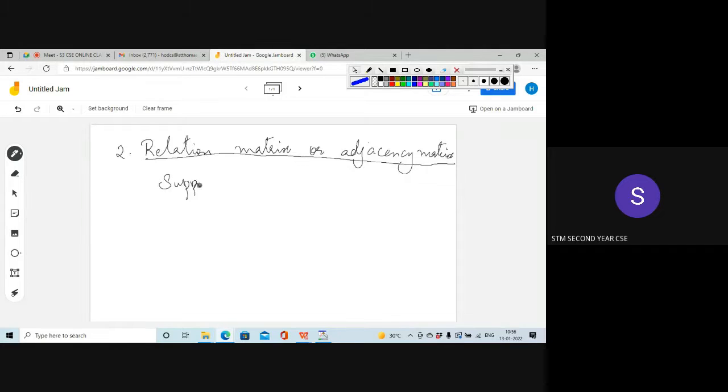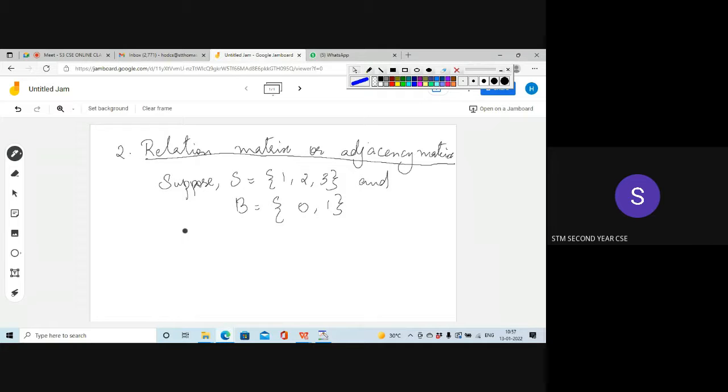Suppose you are given two sets, S is equal to {1, 2, 3}, and another set B is equal to {0, 1}.